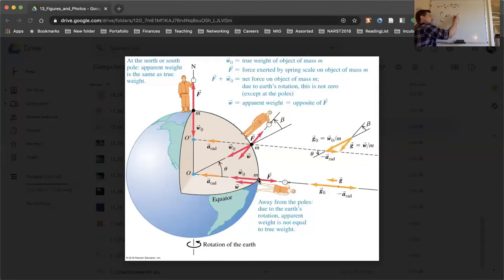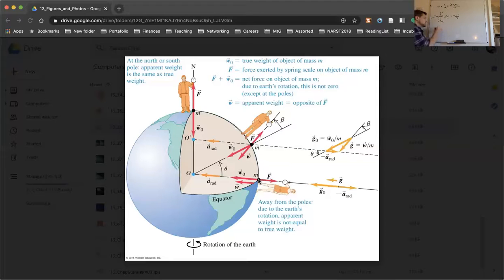mv squared over r, because this is an object that, if we're on the equator, is rotating. There's the Earth, and we're rotating this way, and the center of the Earth is down here.